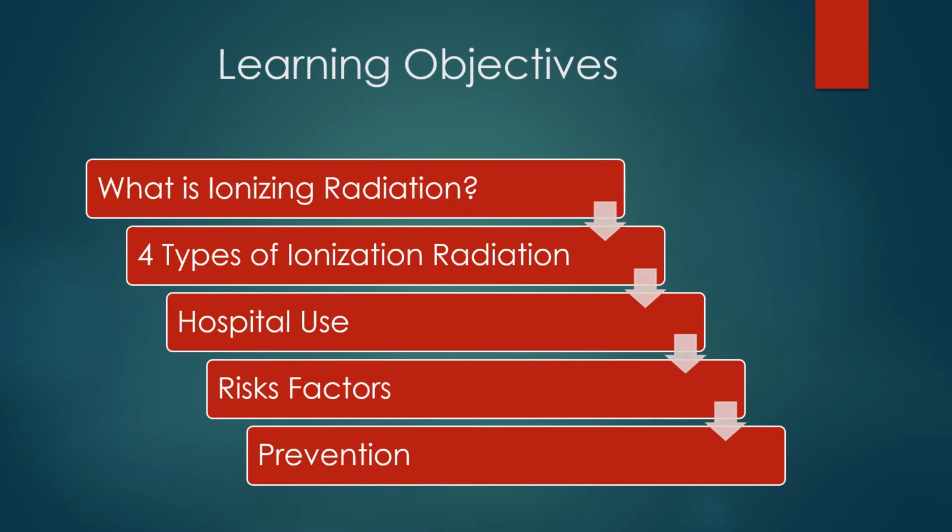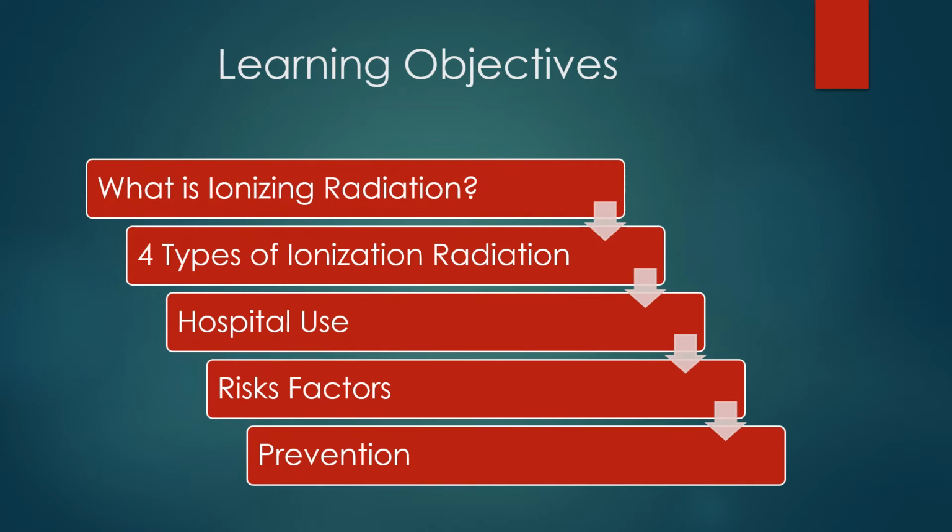So, to level set this training module, I'm going to go over the objectives that we will be discussing in this presentation. First, we will learn what ionizing radiation is. Next, there are four types of ionizing radiation that we will learn about: alpha particles, beta particles, gamma rays, and X rays. And then the part that applies to all hospital faculty and staff is knowing how to utilize ionizing radiation.